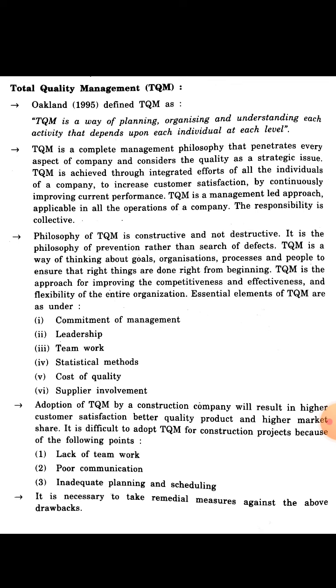It is a philosophy of prevention rather than the search for defects. TQM is a way of thinking about goals, organization, process and people to ensure that the right things are done right from the beginning. The essential elements of total quality management are: first, commitment of management; second, leadership; third, teamwork; fourth, statistical methods; fifth, cost of quality; and sixth, supplier involvement.